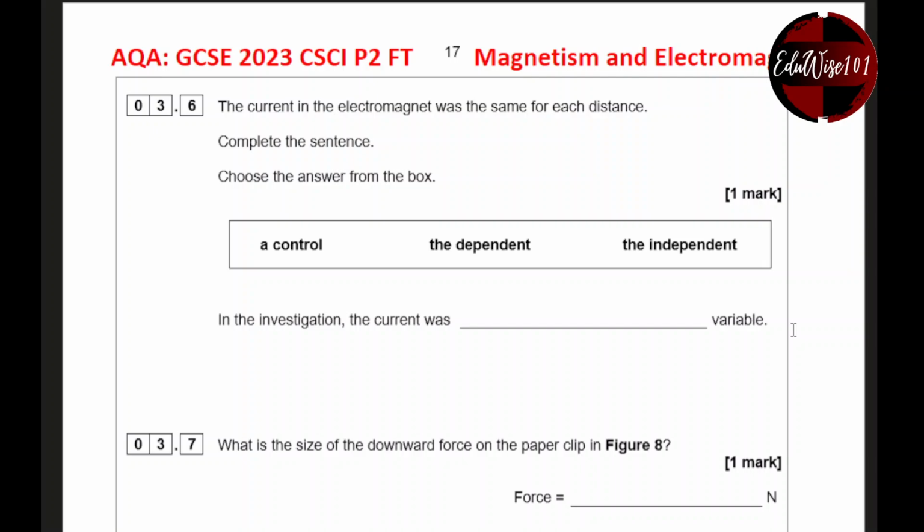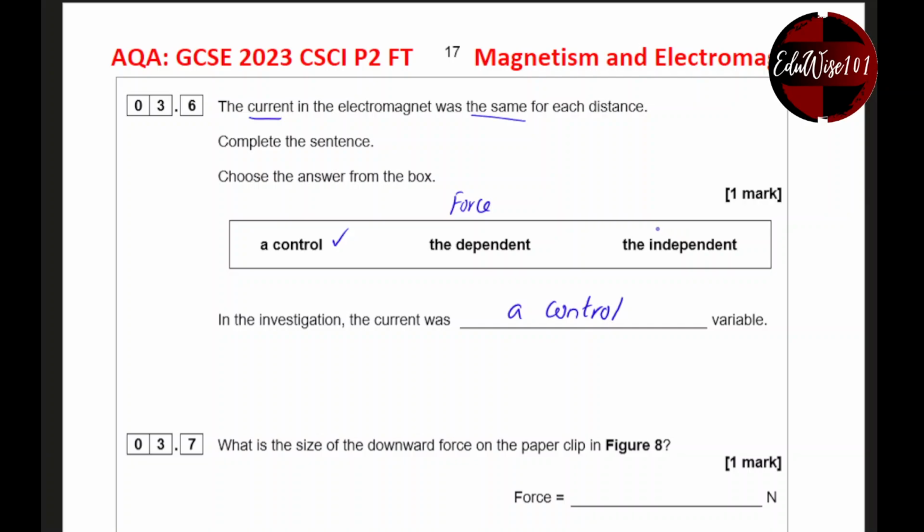Complete the sentence. Choose the answer from the box. In the investigation, the current was what type of variable? Now, we are saying the current in the electromagnet was the same. If you keep that the same, it should be a control variable. Now, the dependent variable is the force here because it depends on the distance.